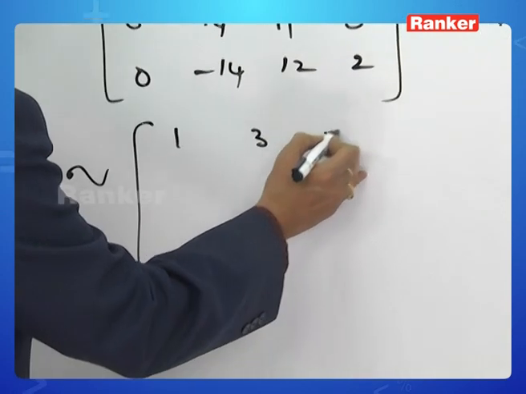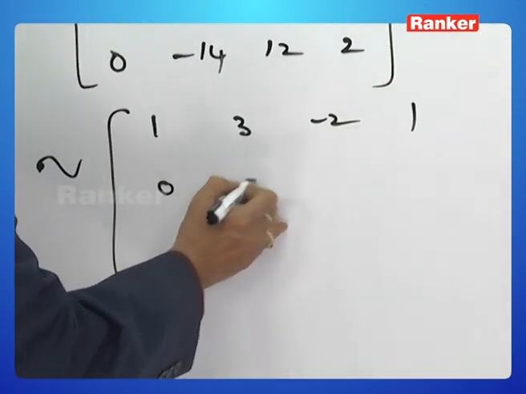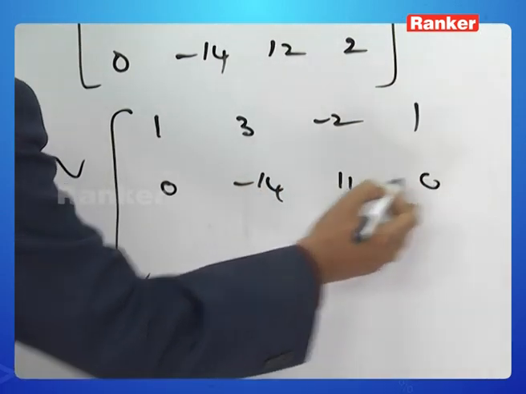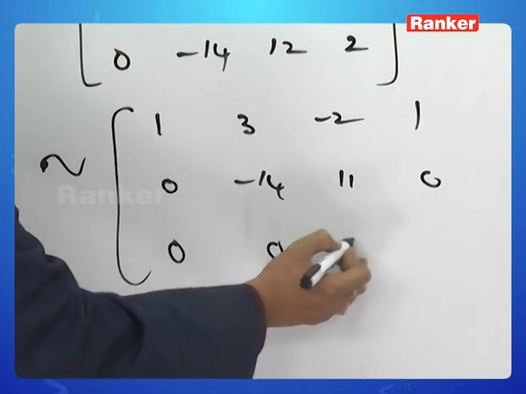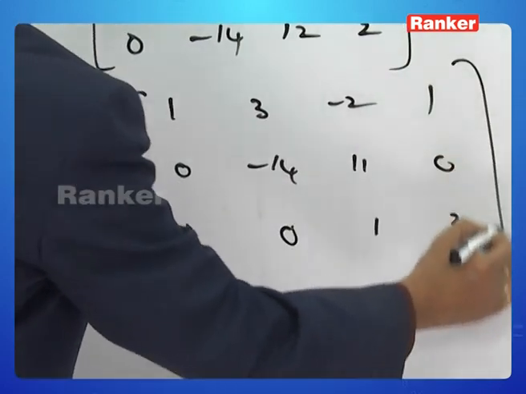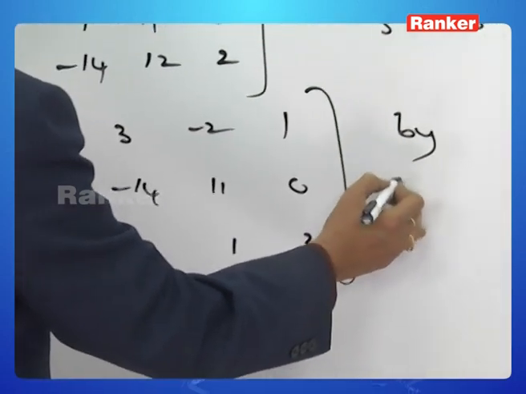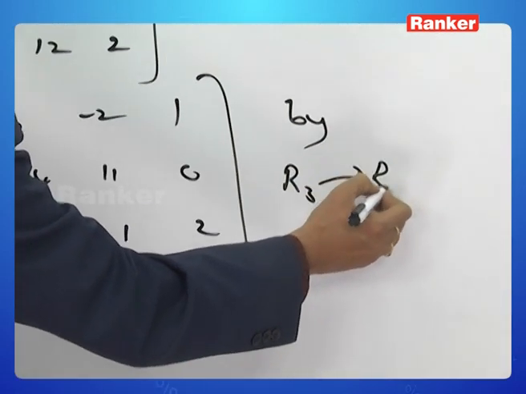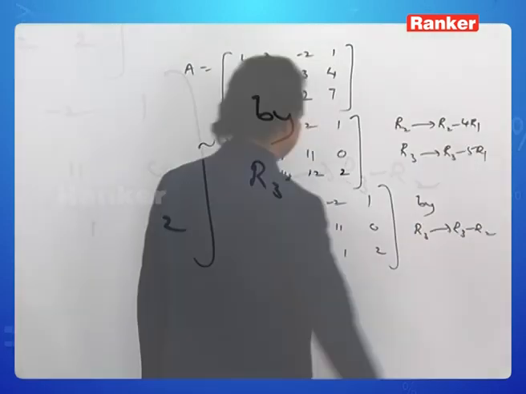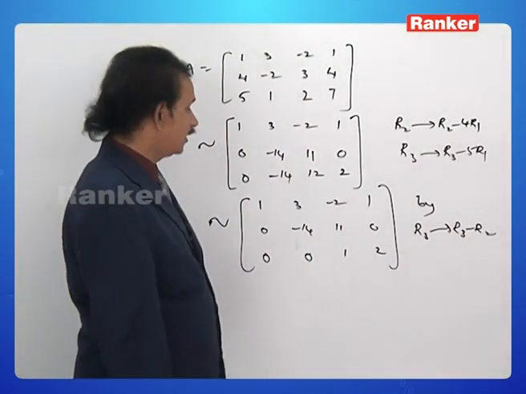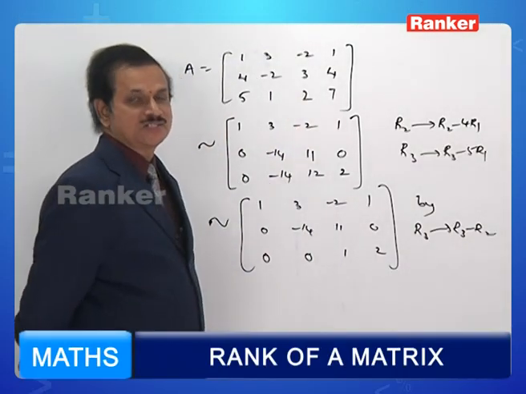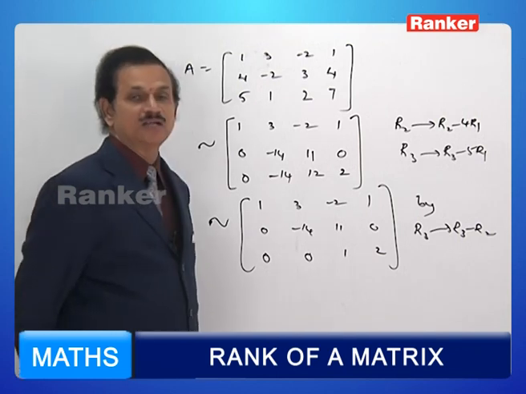1, 3, minus 2, 1. 0, minus 14, 11, 0. 0, 0, 1, 2. By R3 changed as R3 minus R2. My dear friends, this procedure has multiple benefits.